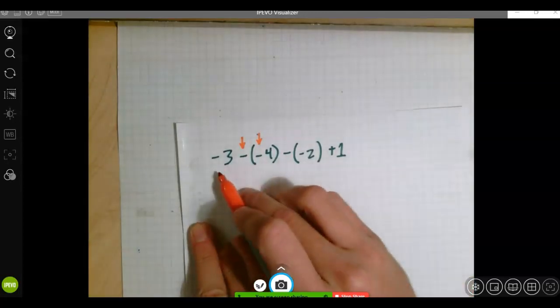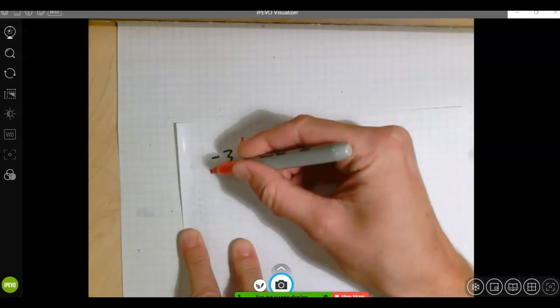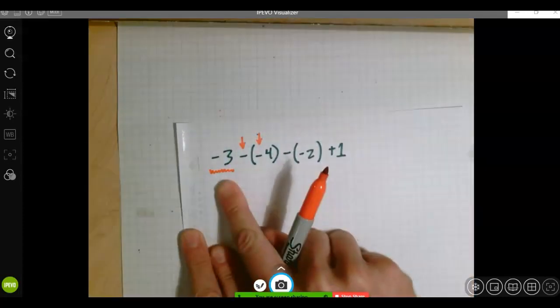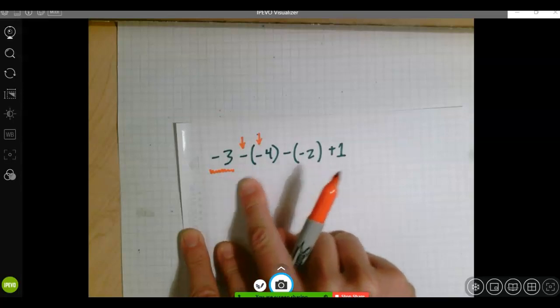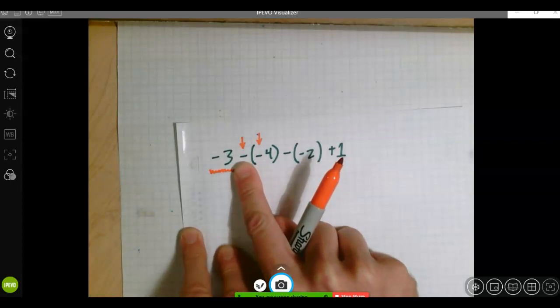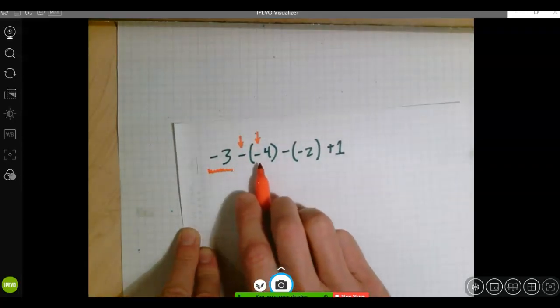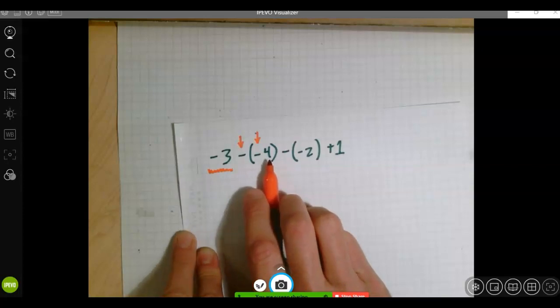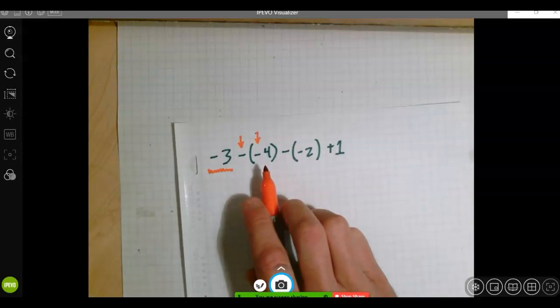So let me try to make this problem make a little bit more sense. I have a debt of $3. And that's the beginning of my problem because it's a -3. I owe $3. I then get rid of, I might use my Sharpie to point, get rid of a debt of $4, which, so if you think about this like a bank account, if I have a debit card, I can either put money into my account or actually take money out of my account, and I can go below zero.